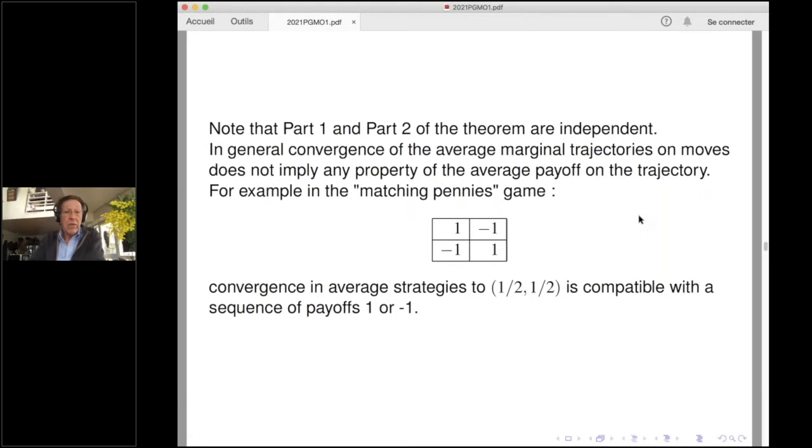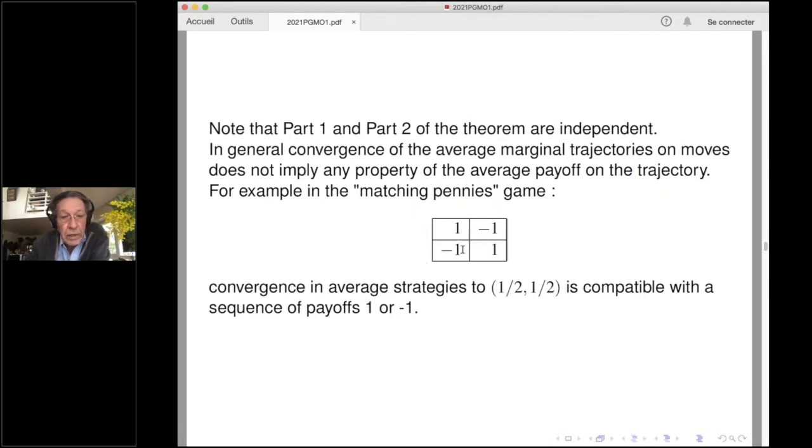If you look at this game, optimal strategies are 1/2, 1/2, but you can realize 1/2, 1/2 by, for example, alternating on the second diagonal. So you play top left, bottom right, top left, bottom right, top left. So the average behavior of each player will be 1/2, 1/2, and the payoff will be 1 on this trajectory.